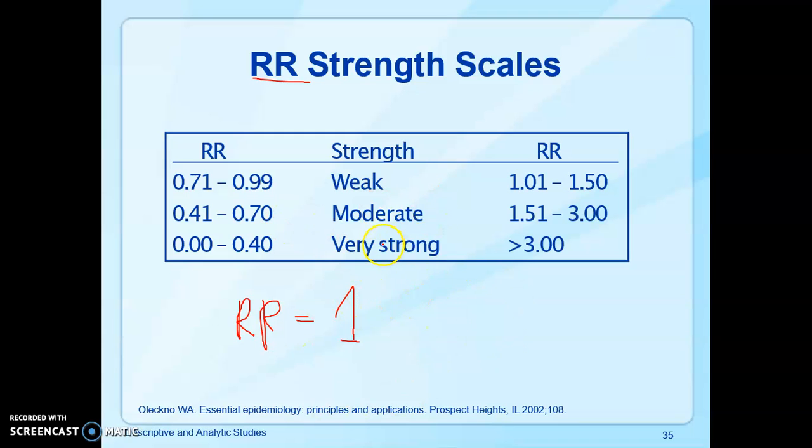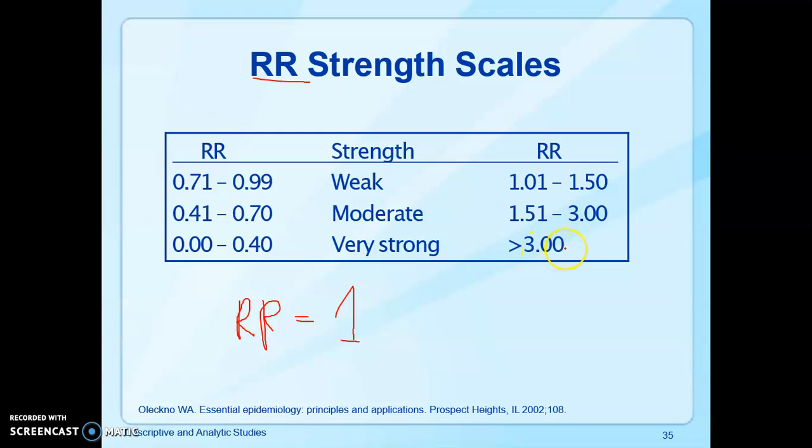Pag 1. However, pag imong value is not within these ranges, for example 0.71 or 2.99, weak, because you are heading towards 1. Habang nagaduol ka sa 1, naga-weak imong strength. Nagapalayo ka, pag 0 imong value, meaning there is a very strong association.